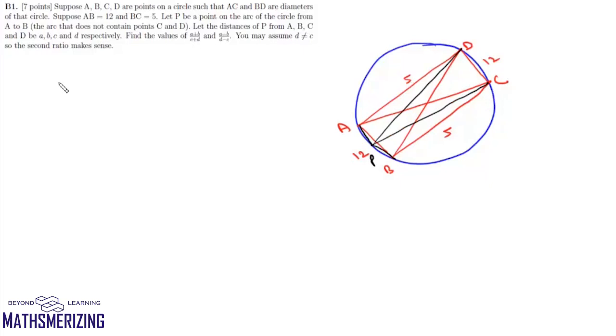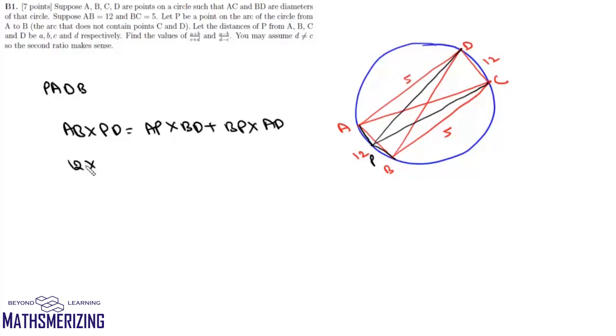Now we'll consider this quadrilateral PADB. If we use Ptolemy's theorem, then the product of diagonals, which is AB into PD, will be equal to the sum of the product of opposite sides. So it will be AP into BD plus BP into AD. Now what is AB?